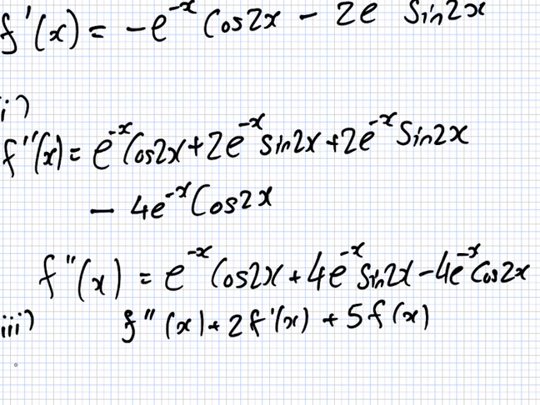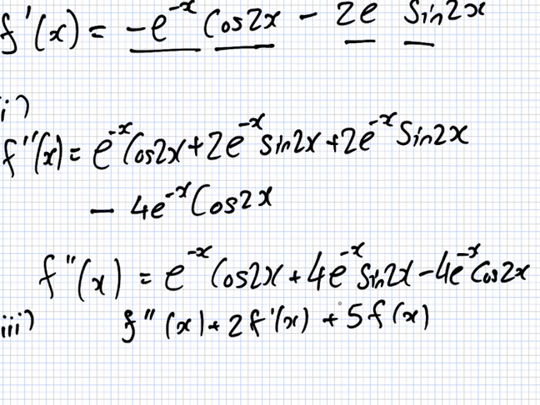E^(-x) cos 2x here. This one. That was the derivative of this. I'm using the product rule for this. First differentiate this, then differentiate this, then this and this. I should have 4 pieces here, the product rule twice.